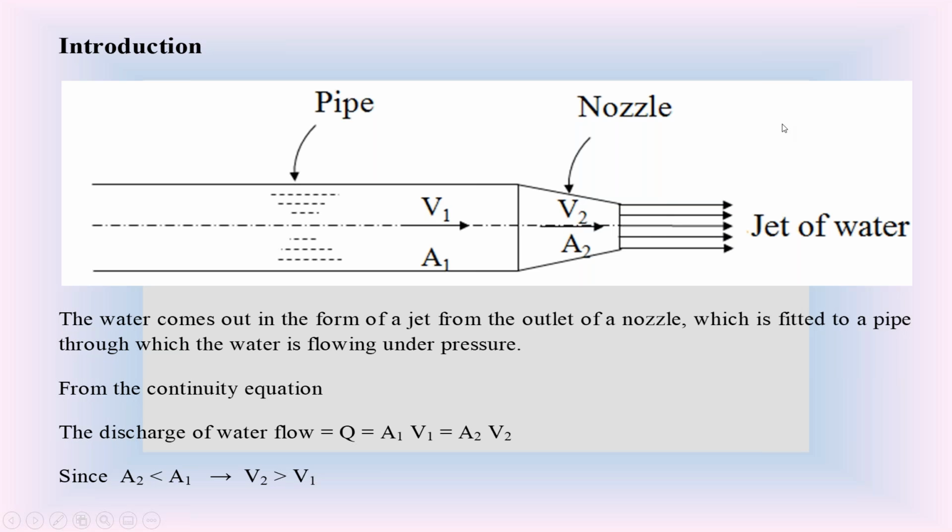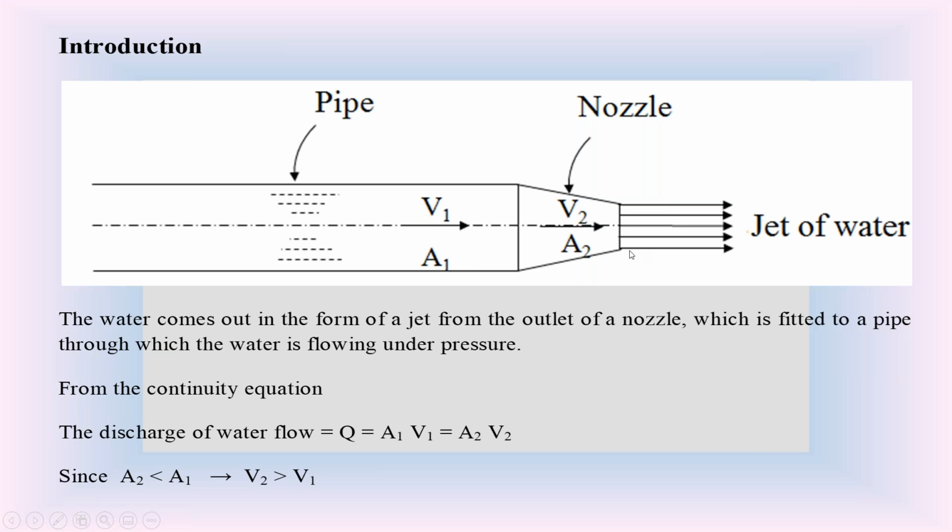Now, if there is a metal plate in front of the water jet, this water jet will impact that metal plate. Assume that there is a metal plate in front of the water jet. Since the water jet is coming out with a large velocity, that water jet will impact the metal plate.